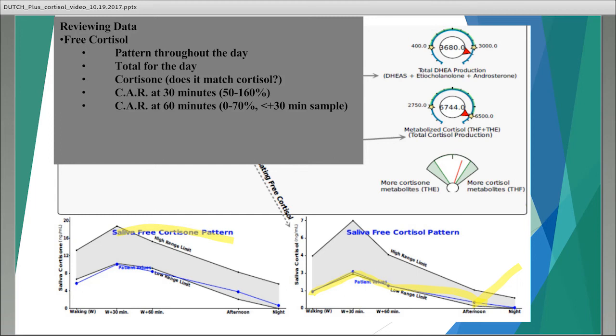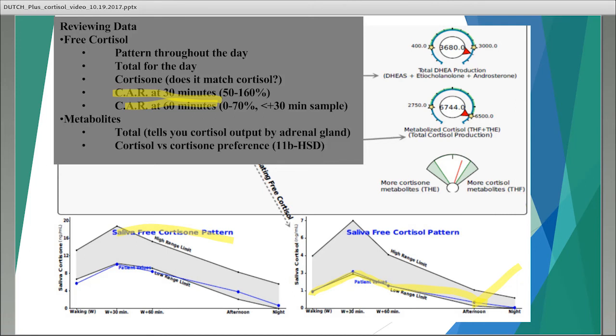So in a case like this, we're looking at the pattern throughout the day, and then when we zoom in and look at that actual CAR, both at 30 and 60 minutes, we can see that, and then again, those calculations will be in the paragraph below, and we're assessing that for underactivity and overactivity. And then we also want to look at the metabolites, right? The metabolites here tell you the total output of cortisol for the day.